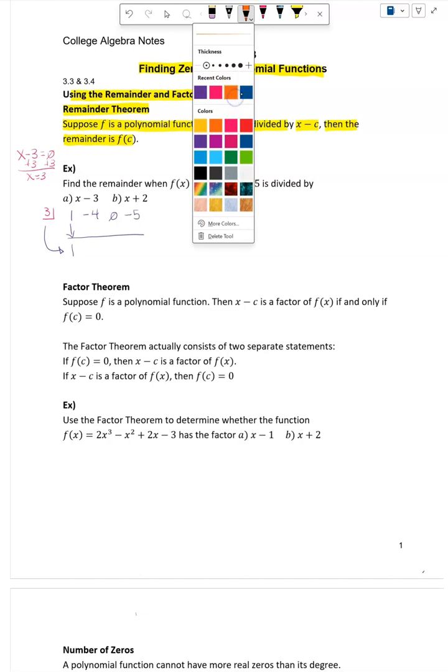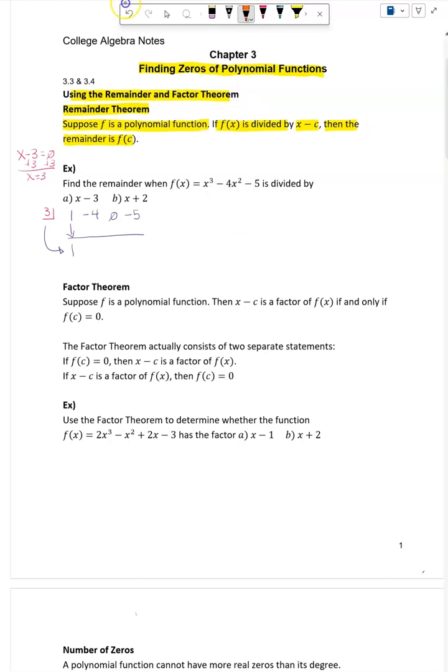Now, above the line, it's always addition. Below the line is always multiplication. So we're going to take 3 times 1. That's going to give us 3. Negative 4 plus 3 gives us a negative 1. Now, 3 times the negative 1 gives us a negative 3. Okay, so we're going to bring our negative 3 down. 3 times the negative 3 gives us a negative 9.